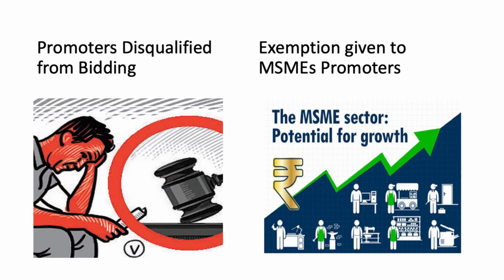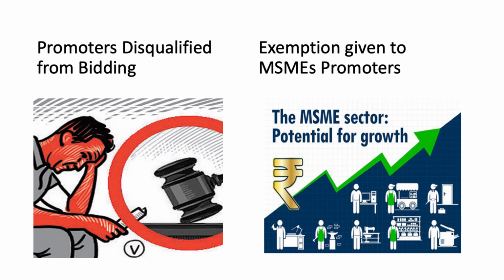Promoters and related parties have been disqualified from bidding to ensure that undesirable candidates do not participate in the bidding process. However, MSMEs, given their special place in the economy, have been kept out of this provision.